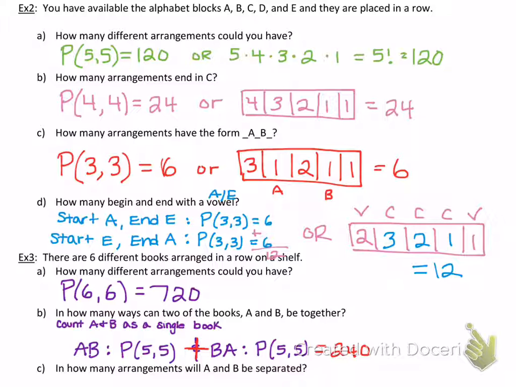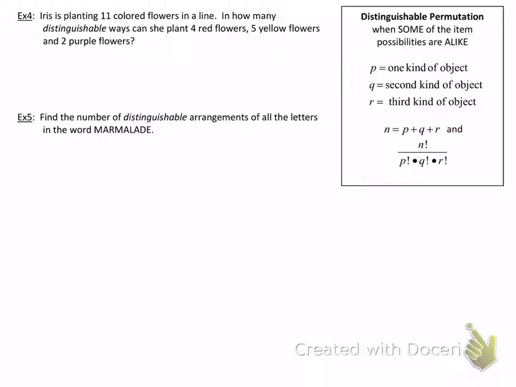So then, if you answer the question, in how many arrangements will A and B be separated? Well, if 720 is the total, 240 represent them together, then if you subtract those 2 options, you get when they are separated, which is 480 possibilities.